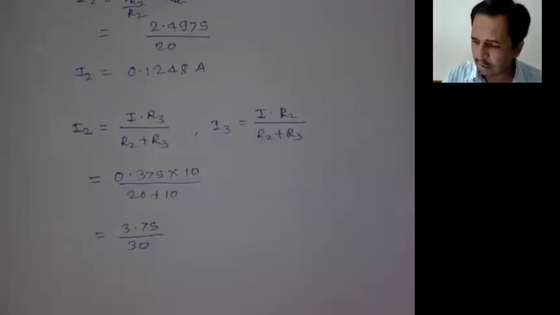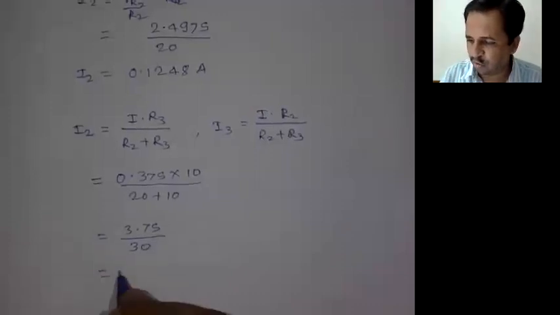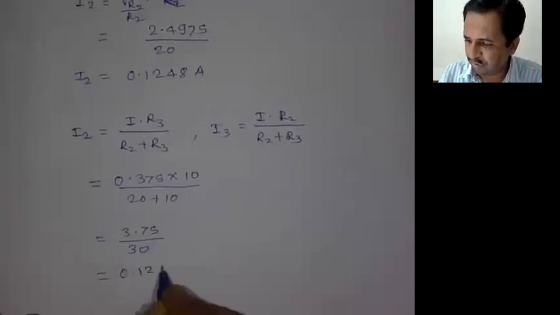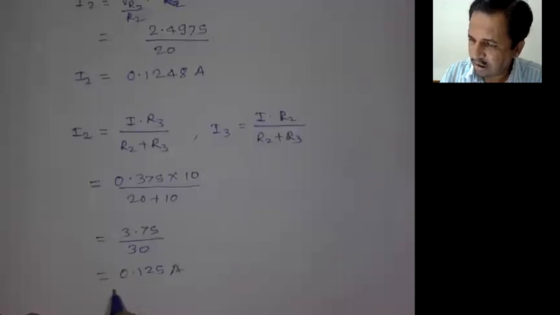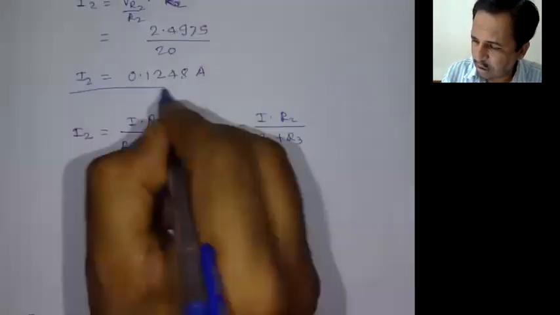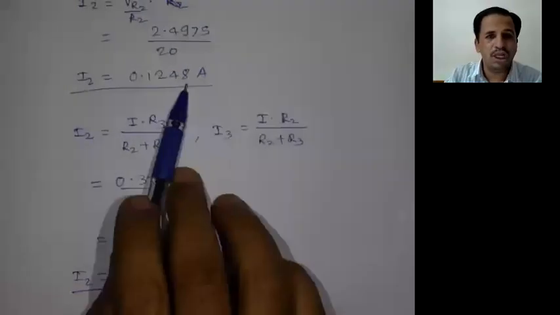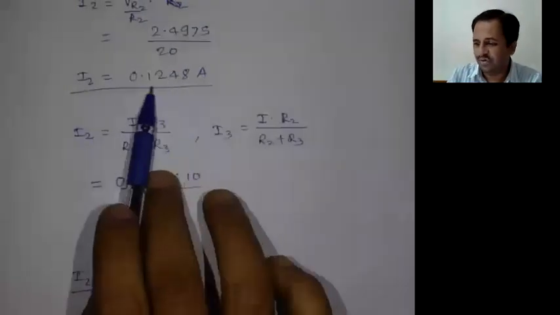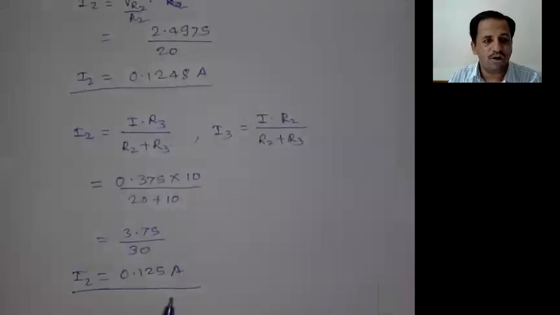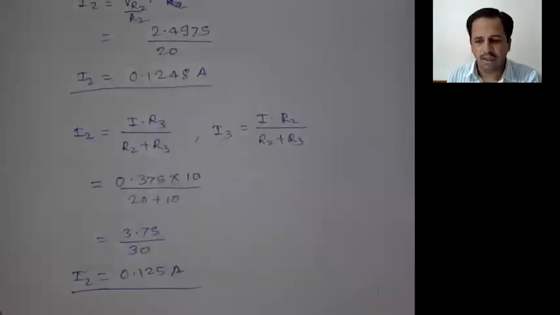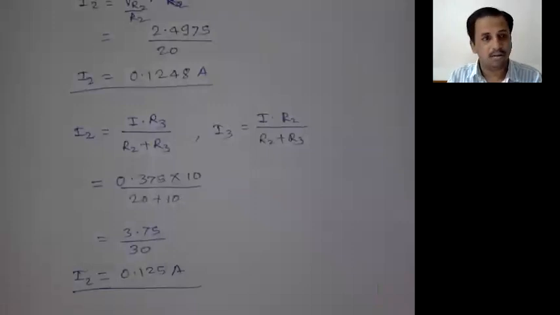Its value is approximately 0.125 ampere. Now this value and the I2 value are both the same. Means it is rounded, then it becomes 0.125. Here it is also 0.125. Means by using both methods, we can solve this network which is provided.